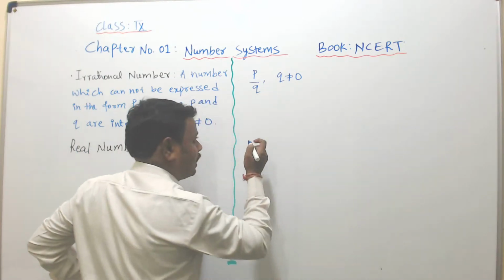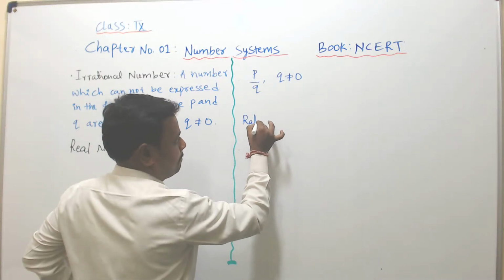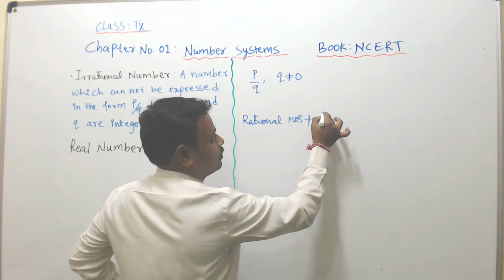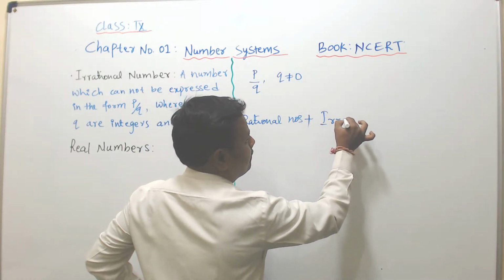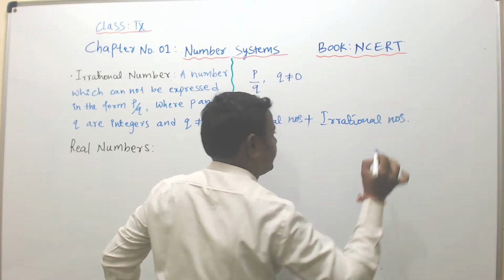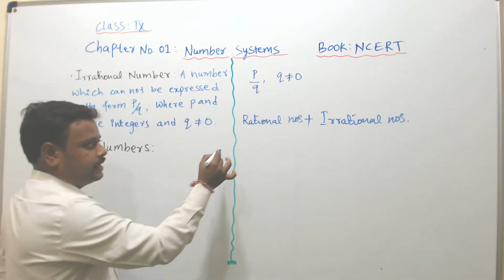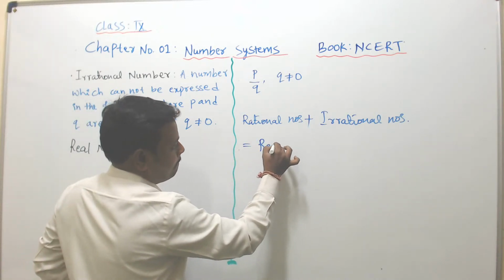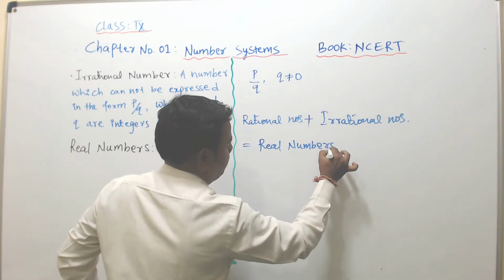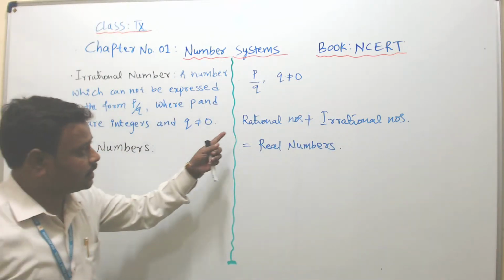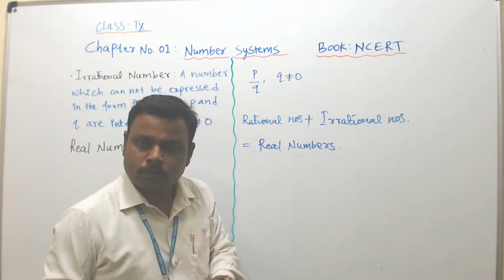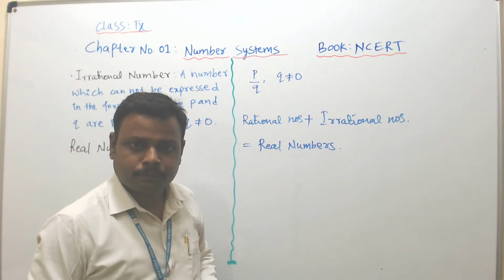So rational numbers plus irrational numbers is equal to real numbers. Got it?